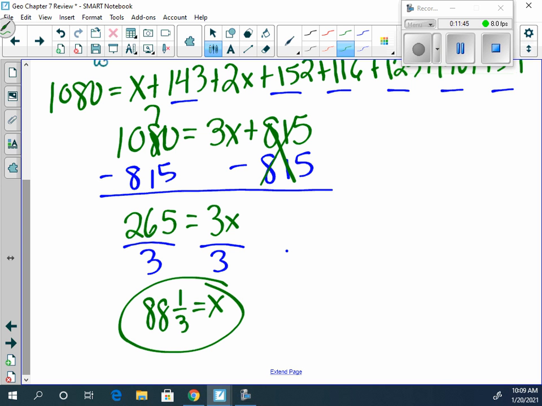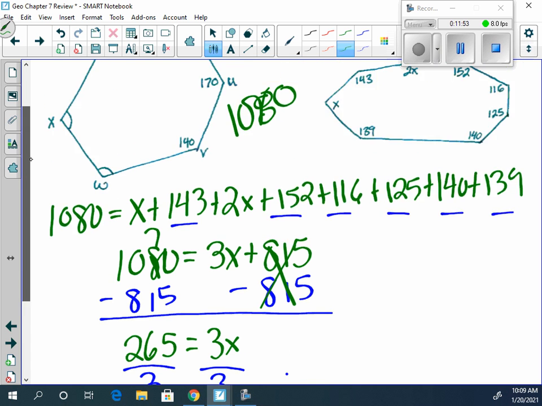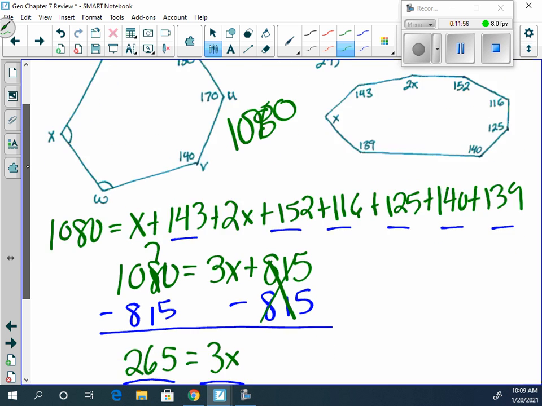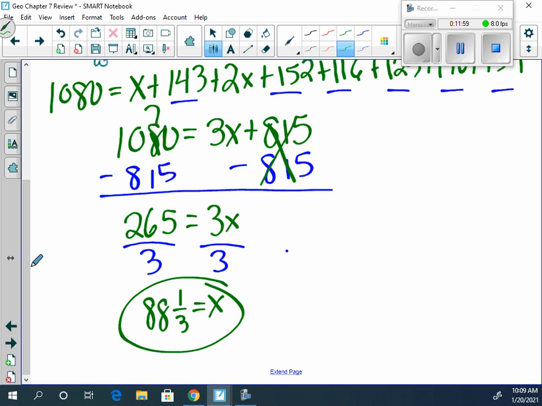Yes. Which one are we on? 24. Yep. Yeah, I disagree with that sheet. Yeah, 88 and 1/3.